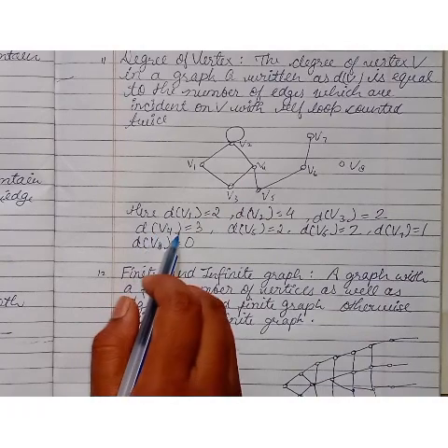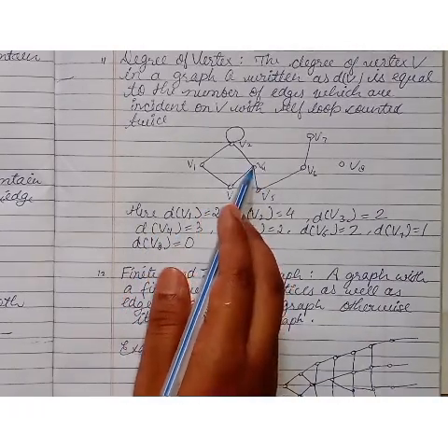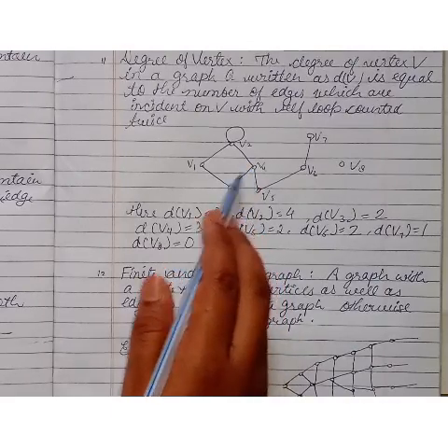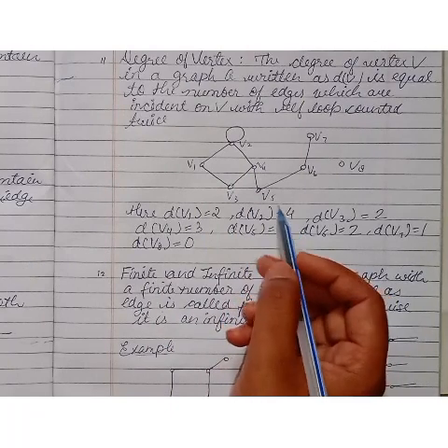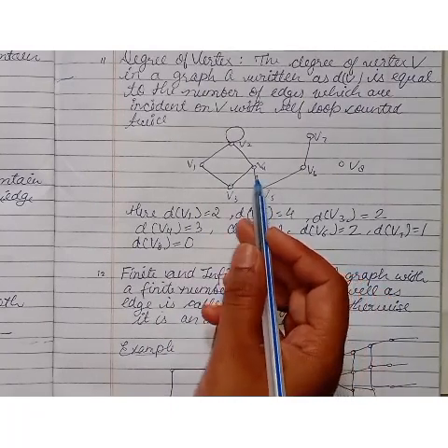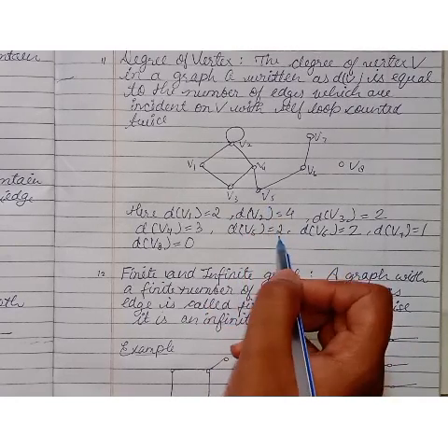And the degree of v4, here we can see there are 3 edges connected to v4, this and this, so its degree will be 3. The degree of v5, there are 2 edges, this and this, so the degree of v5 will be 2.